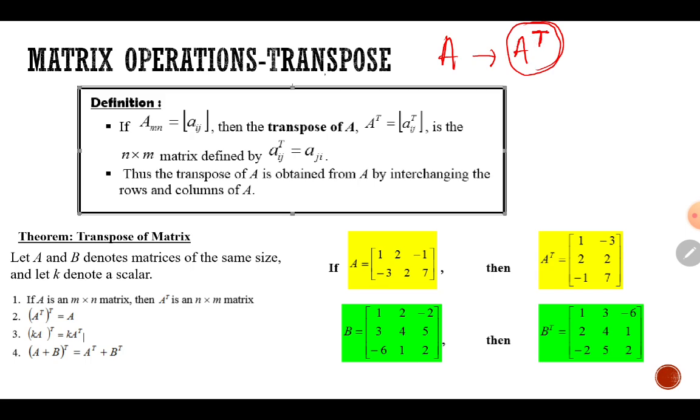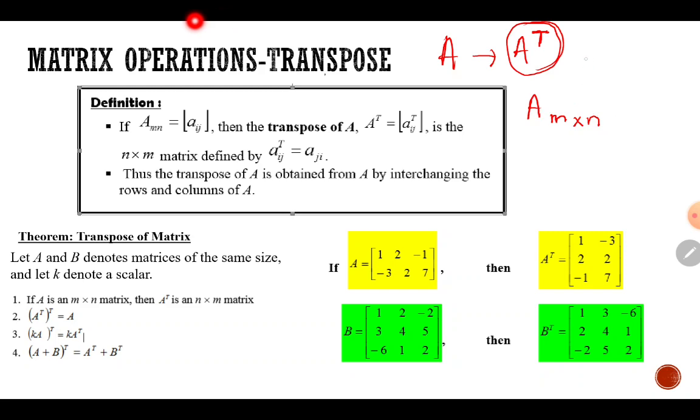So maknanya setiap matrix sepatutnya dia ada dia punya transpose. Apa maksud transpose ni? Okay, from our first class kita dah belajar a matrix, dia punya size, dia ada M rows darab dengan N column, betul?